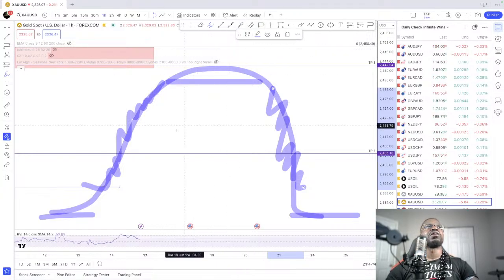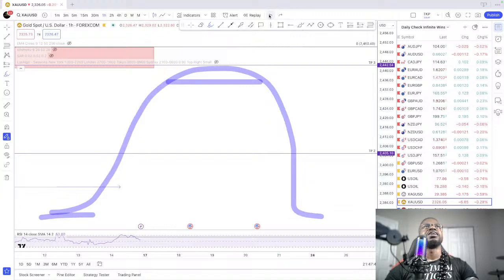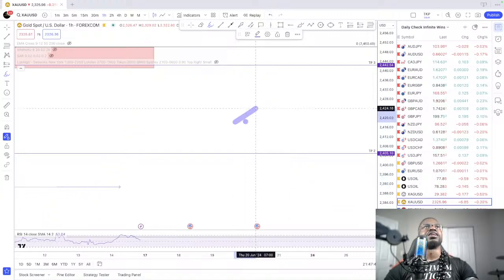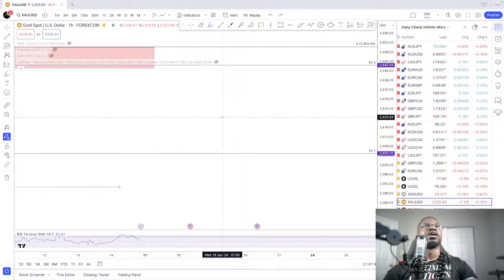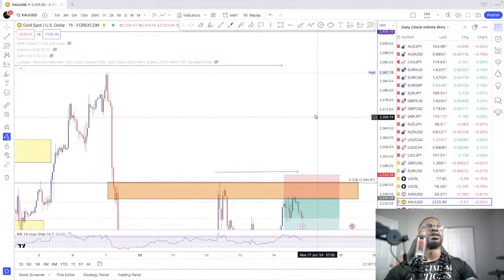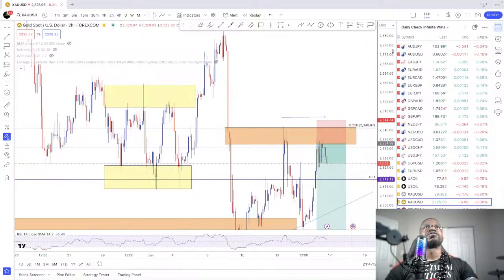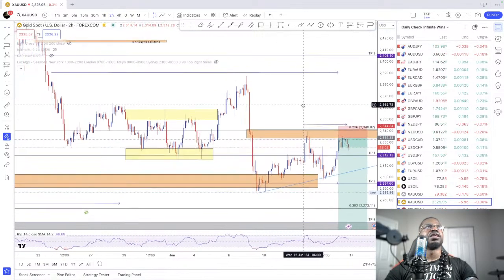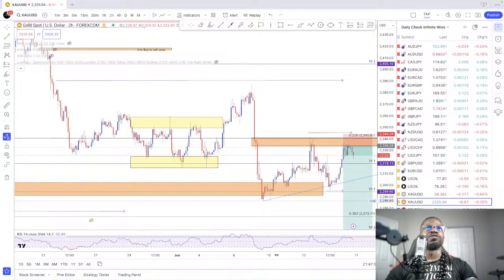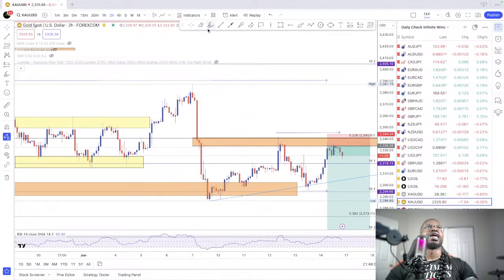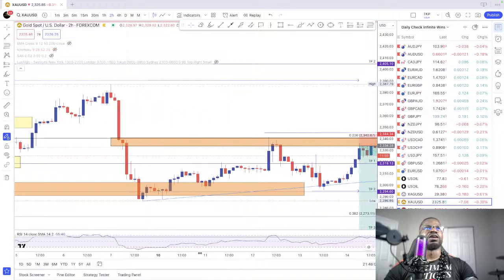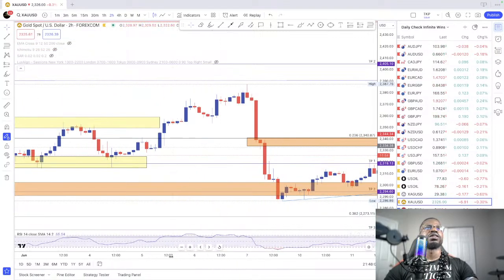Now, when you can start seeing the market from this perspective, it'll be easier for you to, one, identify when you're trending and also identify what type of trade you're supposed to be in. Now, some time frames it's easier to spot than others, but the more practice you have with it, the better you'll get at it. So let me spread this one out, just give you an example right quick.